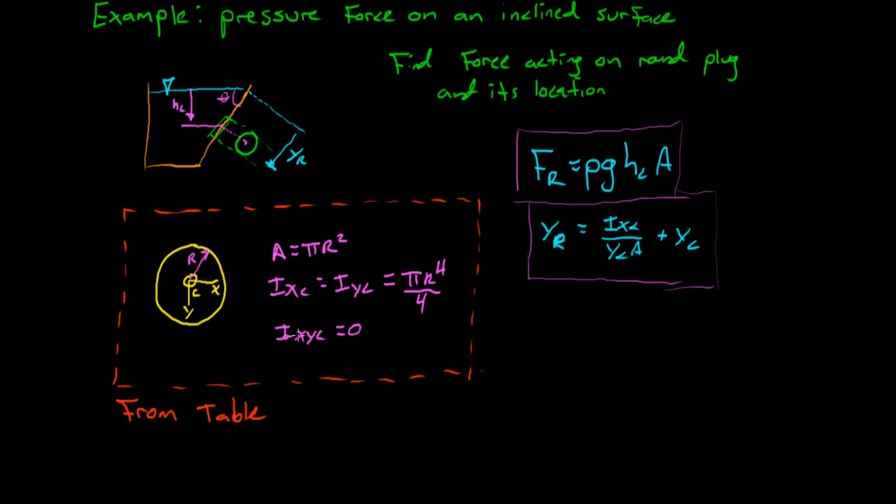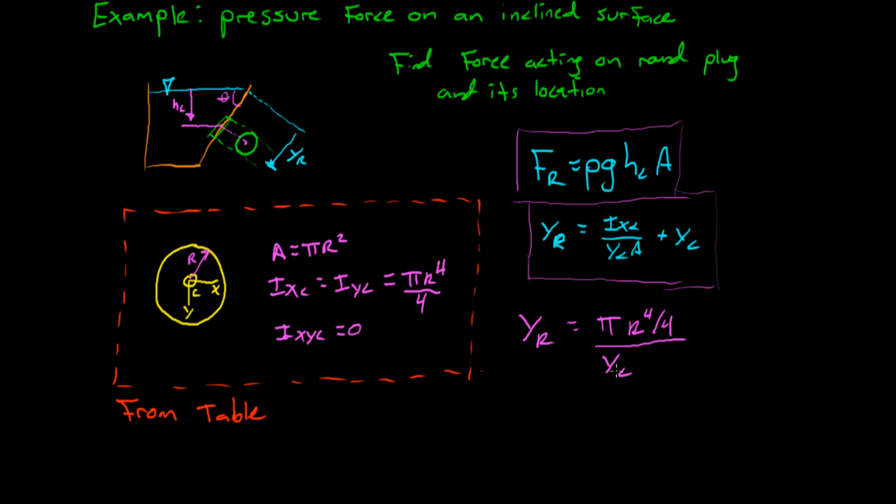And the trick here is picking which value of the moment of inertia to use from the table. And you have to imagine this circular plug is going in and out of the board here. And so it's trying to rotate about its x-axis. And so the moment of inertia about the x-axis is appropriate, and that's this one here. And so the reaction force, Yr, we're going to just sub in the moment of inertia, pi r to the 4 over 4, and that gets divided by Yc times the area.